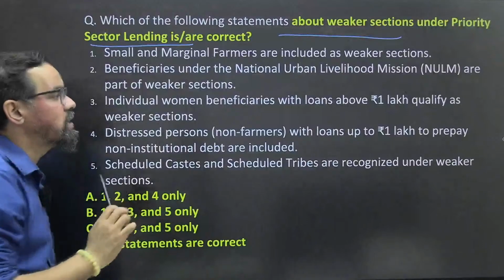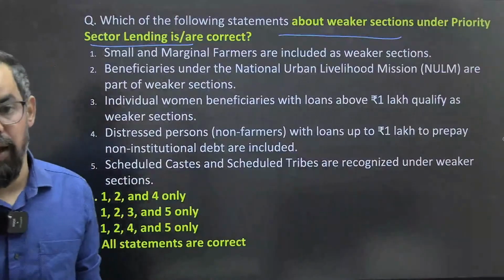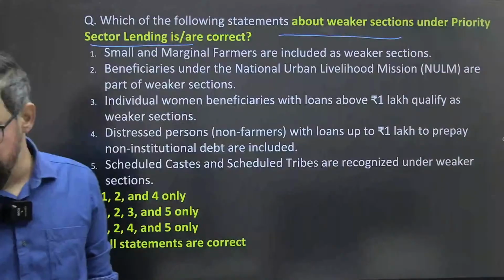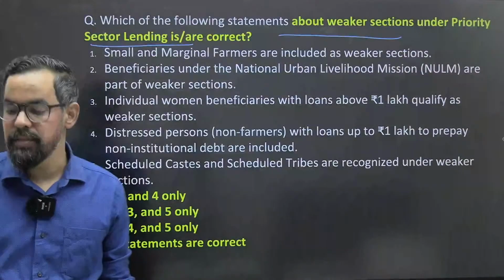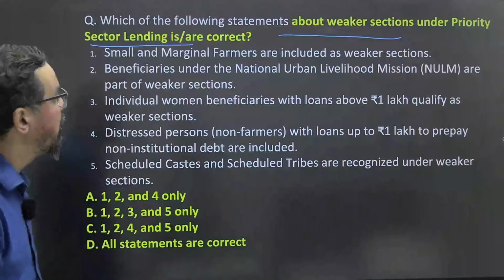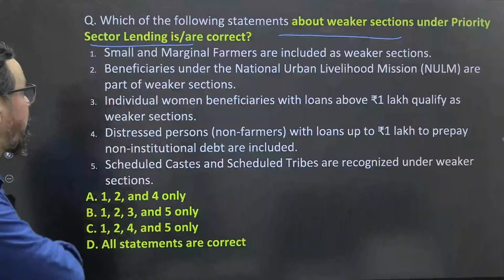ठीक है, weaker section and priority sector lending, and you have to find out the correct statements. ठीक है, बताओ क्या होगा आंसर? What will be your correct answer guys? What we have to find out? Correct statement.